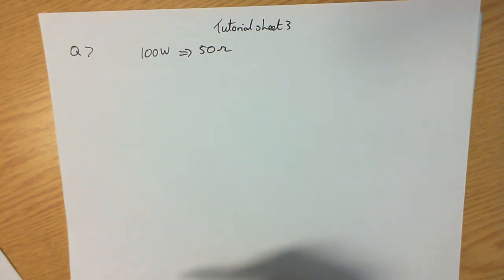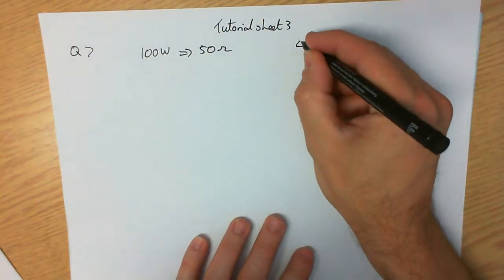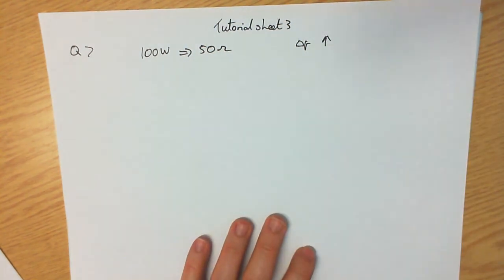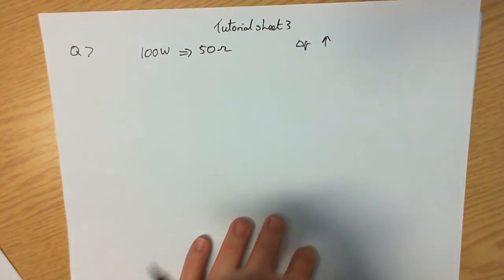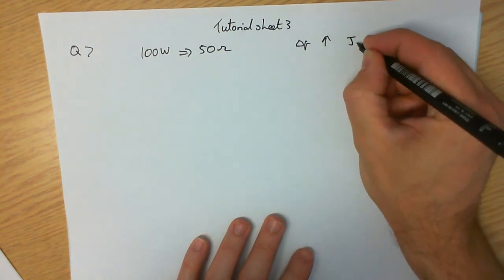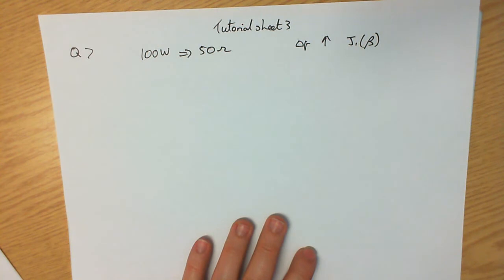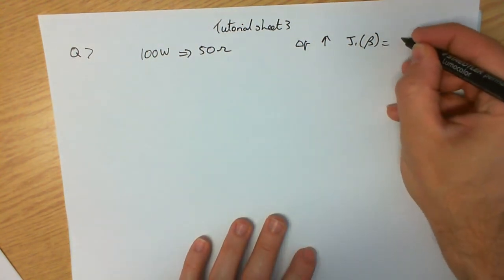Then the peak frequency deviation, delta F, is increased until the first sideband amplitude, which is determined by the Bessel function J1 of beta, is equal to 0.